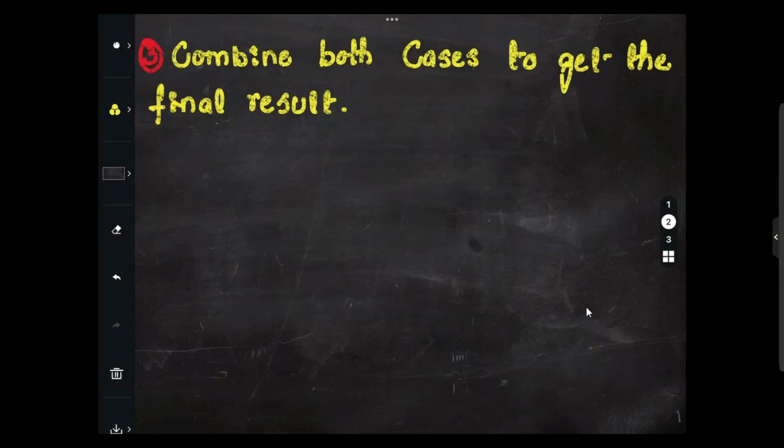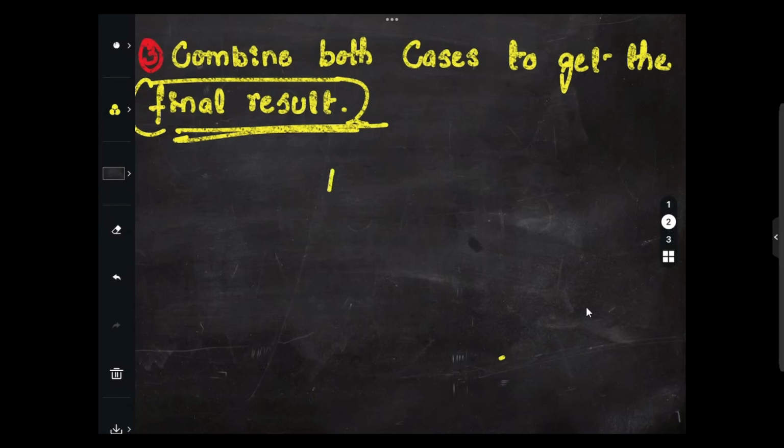The third step is to combine both cases to get the final result. We have to combine the product IDs as well as the prices for those product IDs. In our example, we had product IDs 1, 2, 3, with duplicate values for 1 and 2, but we need to consider them once.